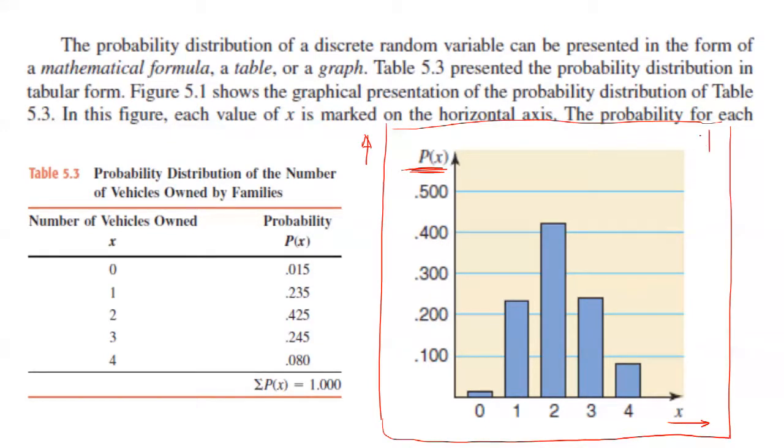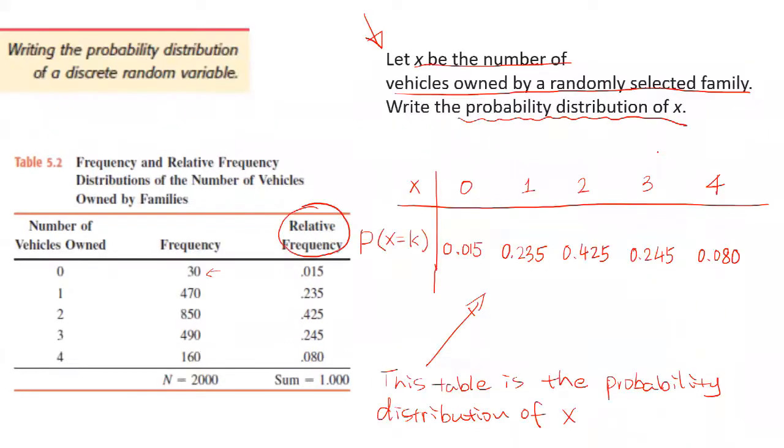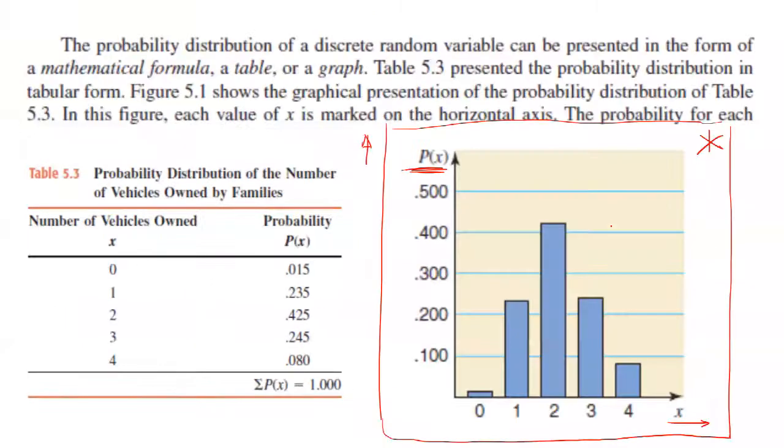So this bar chart is actually the same as this table. These two are the same, right? The only difference is how they represent these values. The table simply lists all the values, and the bar chart lists them using a diagram. But basically, these are the same, right? To draw the bar chart, you have to have the table first. Understand?